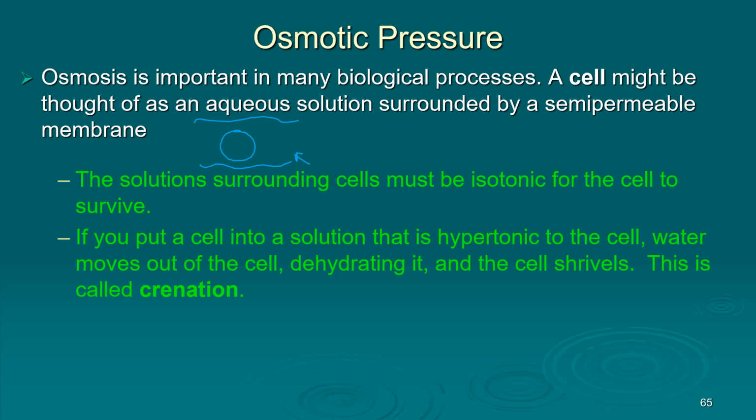So what if, like they say, don't drink salt water. What if you started drinking some salt water? You drank a bunch of salt water because you were stranded on an island. So all of a sudden, the osmotic pressure surrounding your cell increases.